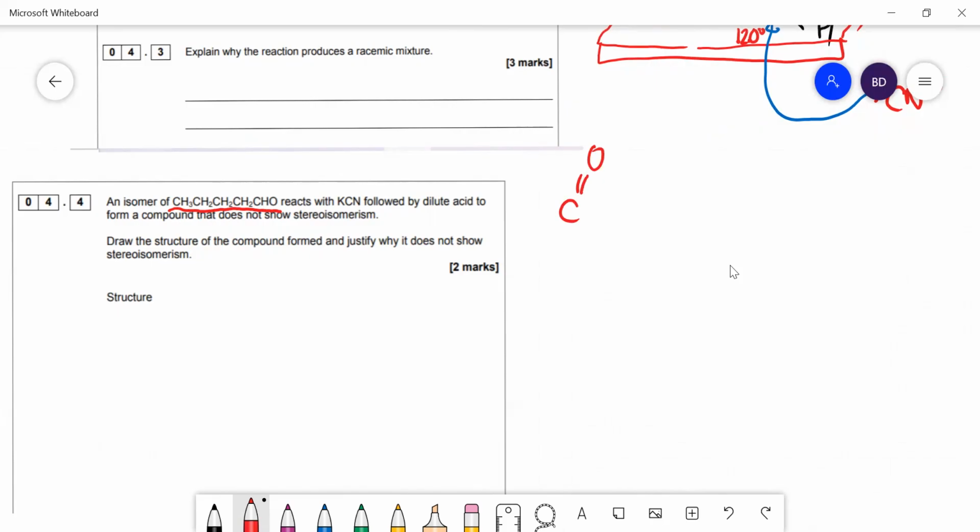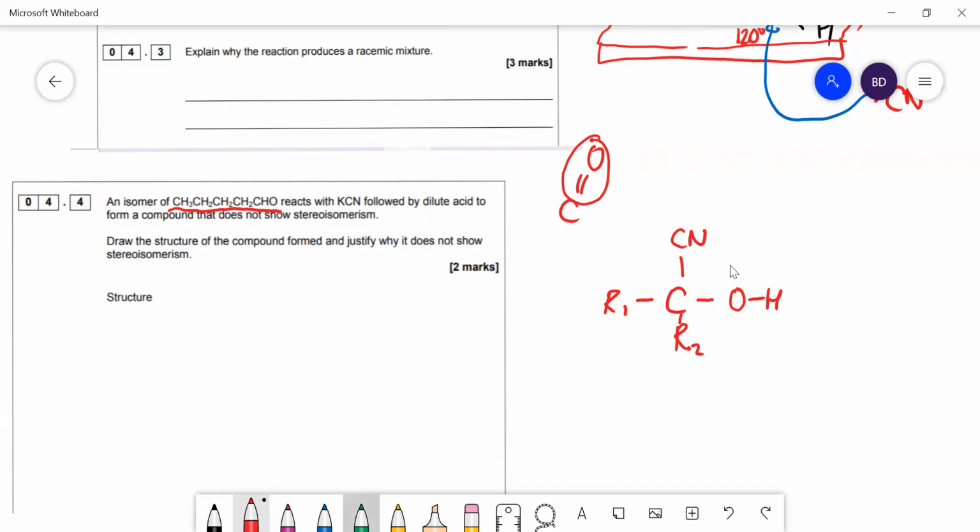And we know that after you have an attack by cyanide, you can have a nitrile stuck onto the carbon. This carbonyl turns into an OH, and it's a ketone, so you're going to have 2 R groups. Okay, you can have those 4 things stuck to the carbon.